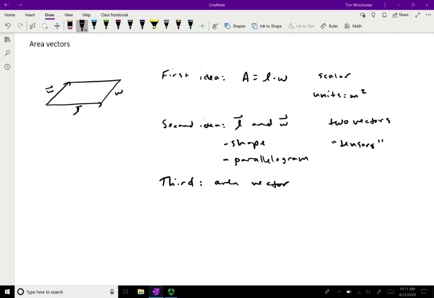One idea that you might come up with is, okay, I'll just pick one of these sides, and that'll be my area vector. But the problem is you could have lots of different areas that all have that same vector. For instance, I could rotate my parallelogram like this, and then it still shares a side.